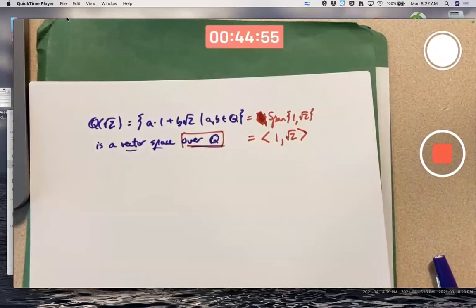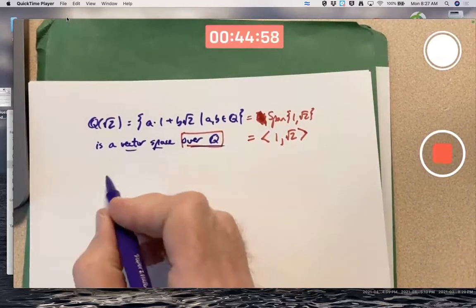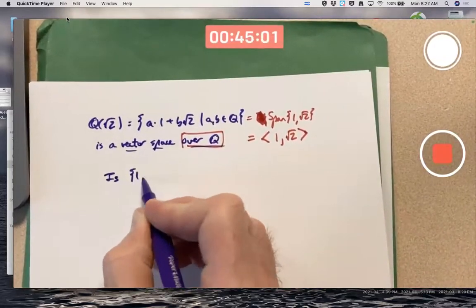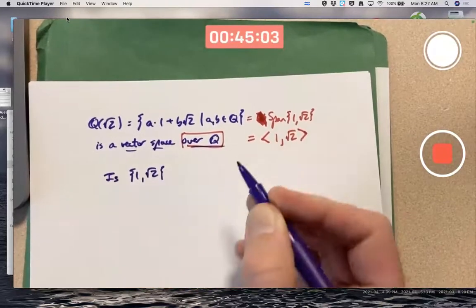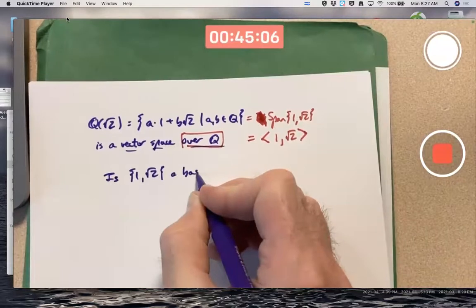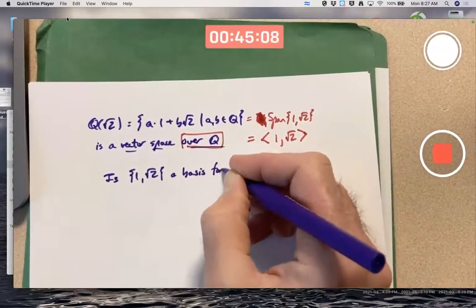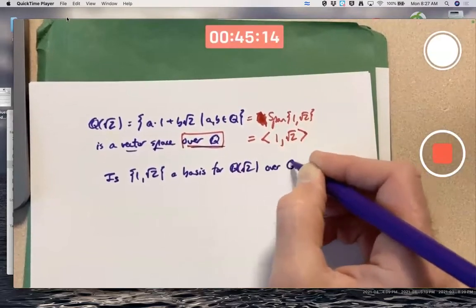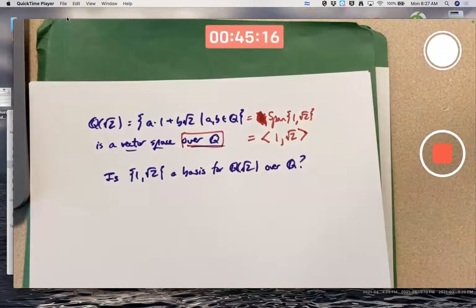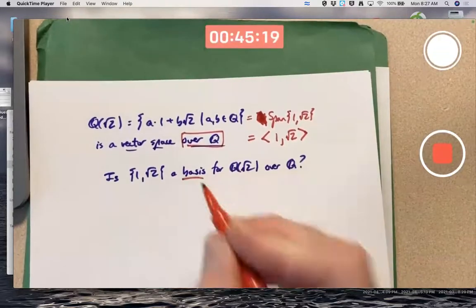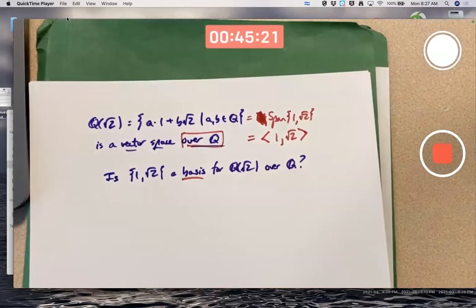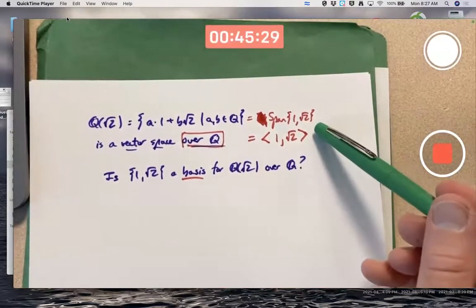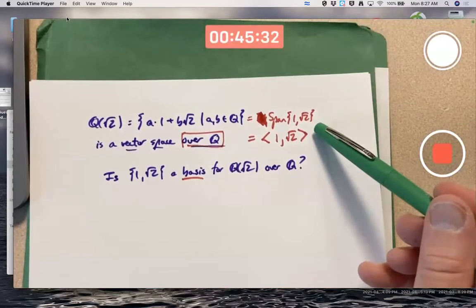We could ask, is this set of two vectors a basis for this vector space? What do you need to be a basis? You need to span the space. Hey, that's already happening. And you also have to be linearly independent.